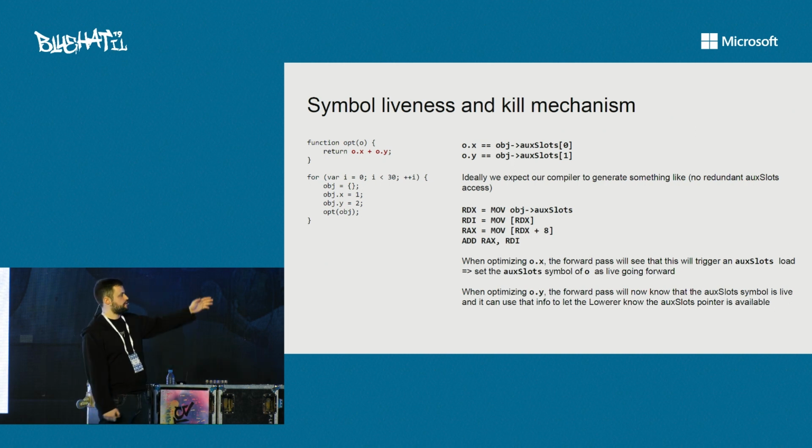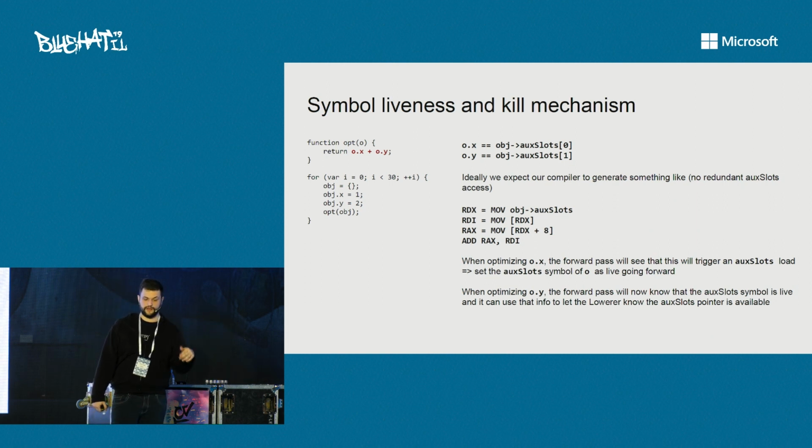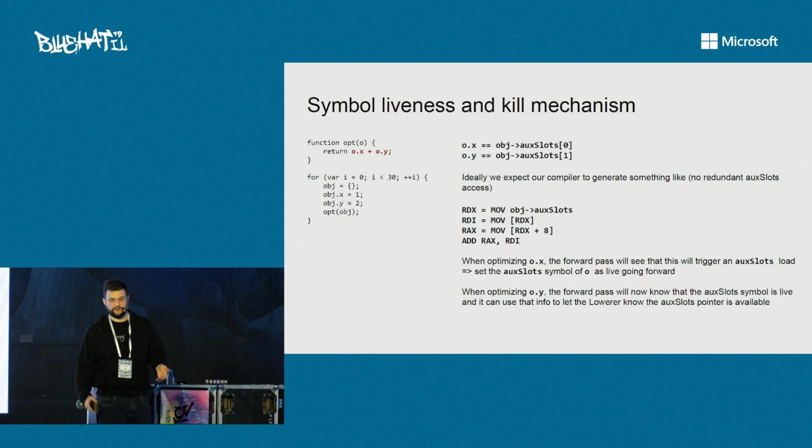Here, property X will be in my aux slots array at offset 0, property Y will be in my aux slots array at offset 1. What you expect from your compiler is that it will be smart and see that it dereferences the same array twice at two different offsets. So you expect that the compiler will only load the array pointer once, and then just dereference that two times. So you probably expect assembly code that's as close as what I have here.